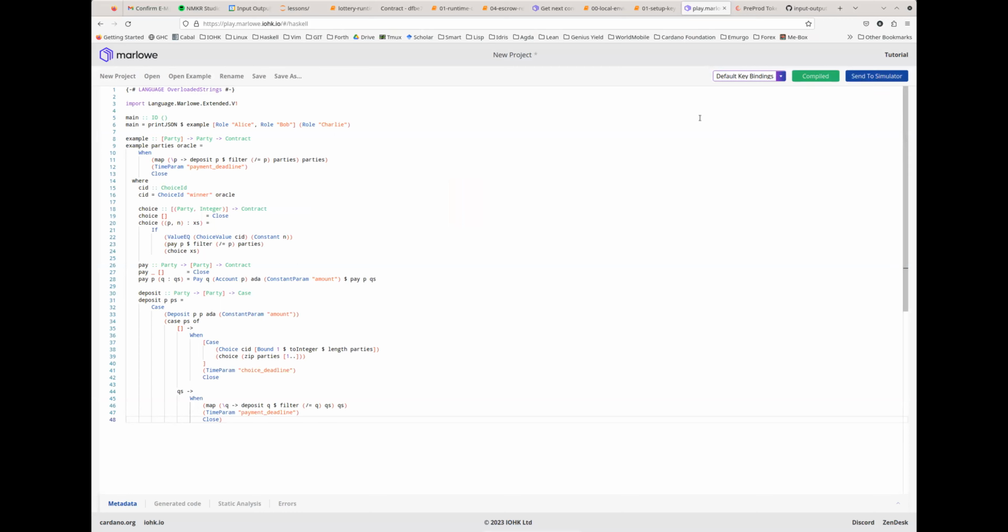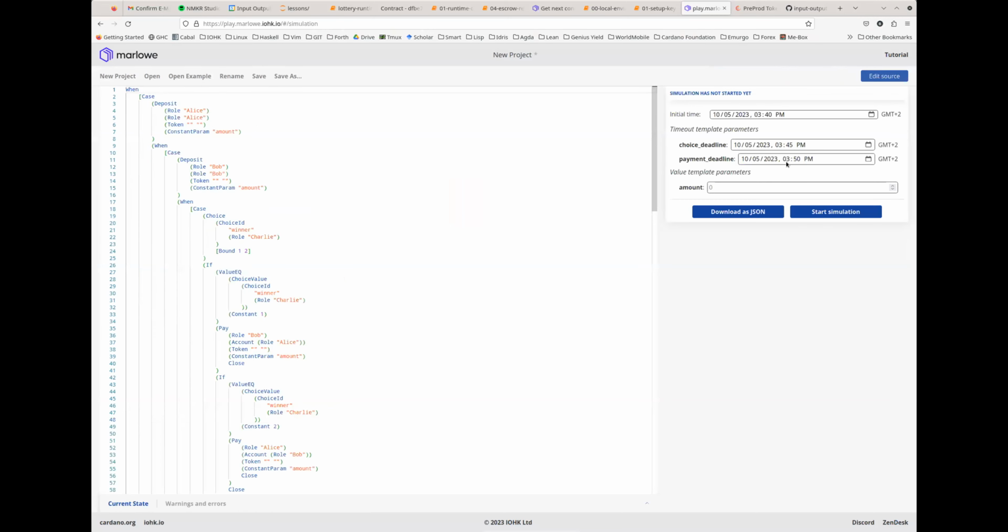The idea was that 2 people can pay into the contract, say 100 ADA.